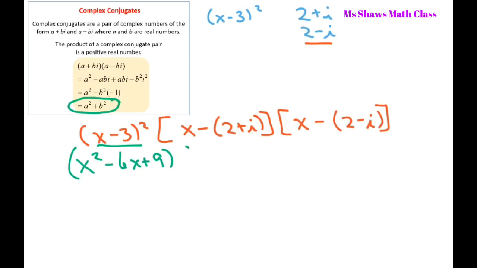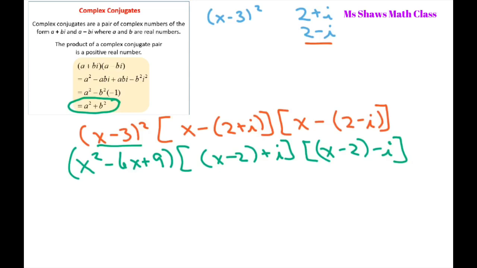Now, what I'm going to do is rearrange the parentheses here. So I'm going to have x minus 2 plus i, and then x minus 2 minus i. And the reason I did that is because now I have the form of a plus bi times a minus bi.